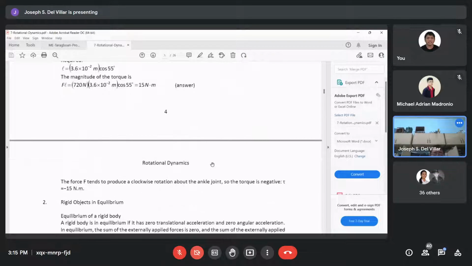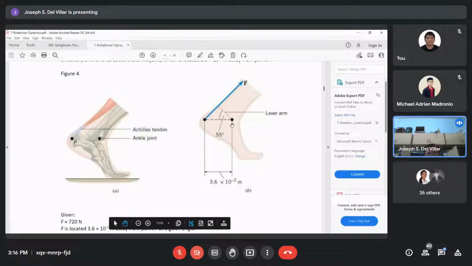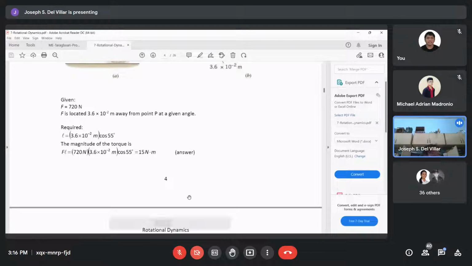We should put a negative sign to denote a clockwise rotation. That is our convention, right? Counterclockwise is positive. But since it is clear in the figure that the force will cause clockwise rotation, we should put negative. So negative 14.87 Newton meter.